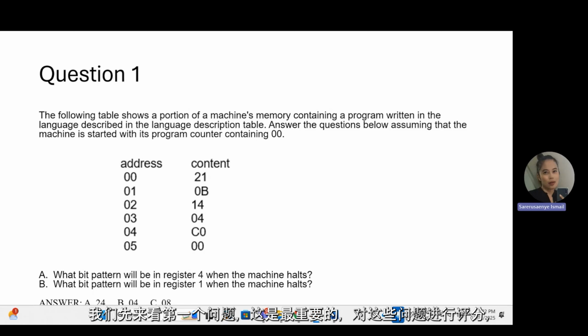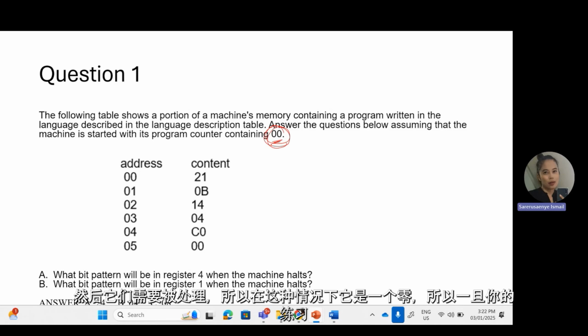So we look at question number 1 here. The most important thing to score in these questions is to read slowly and carefully and look at the starting address that the machine cycle will begin from, and then how the instructions need to be processed.